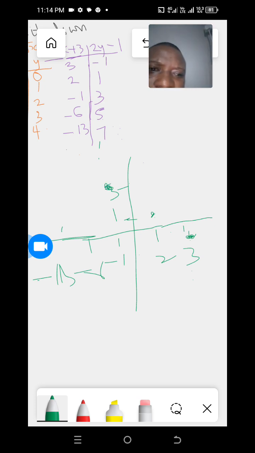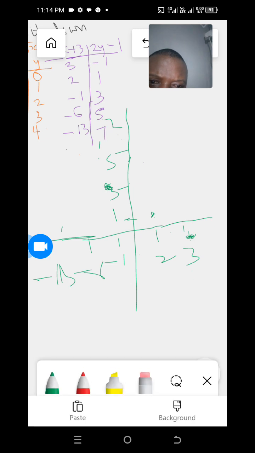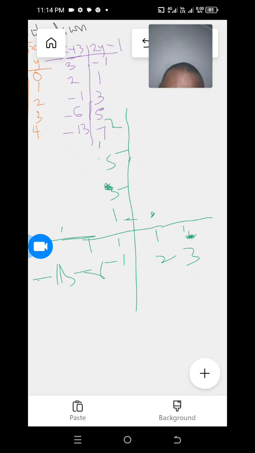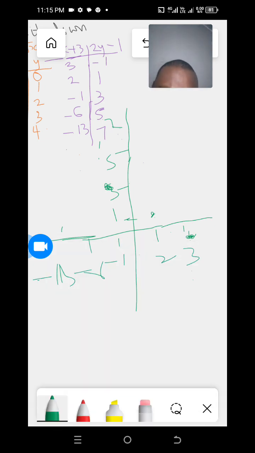When x is negative 6, y is 5. And when x is negative 16, y is 7.